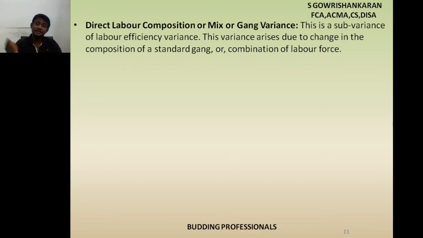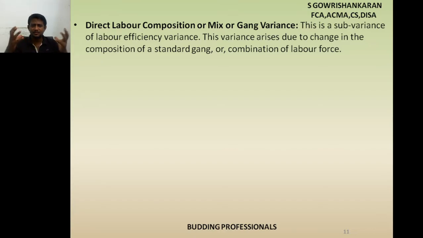In material mix variance, the logic is standard mix for standard ratio for actual material used. Similarly here, standard mix for actual labor hours used, that we have to identify. How to identify that, we will discuss while solving the problems.